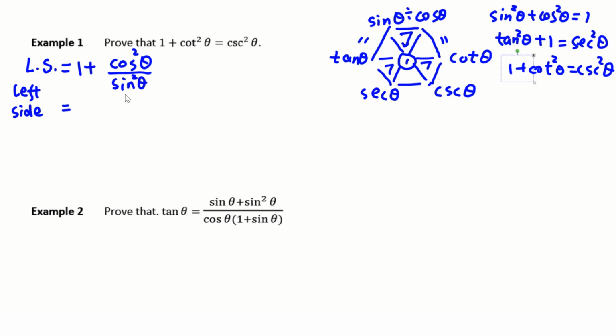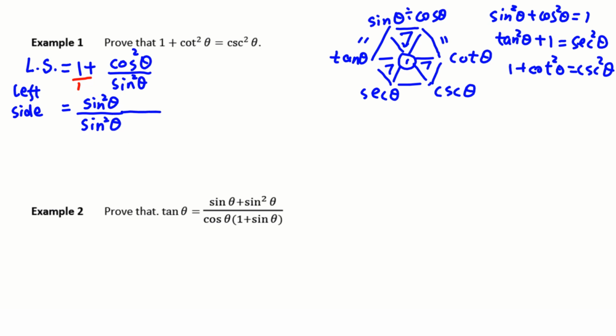Then we continue. This is a fraction plus an integer, so we want to change both to the same denominator. So the first one, we are going to times sine squared theta over sine squared theta. So times 1 with sine squared. We still have 1, but we have the same denominator now.